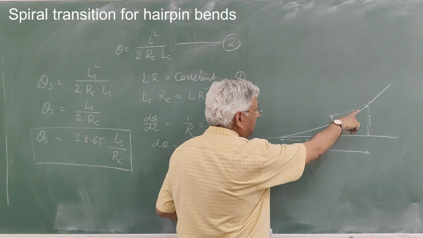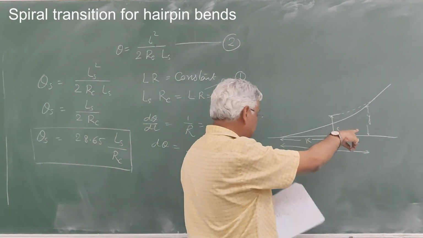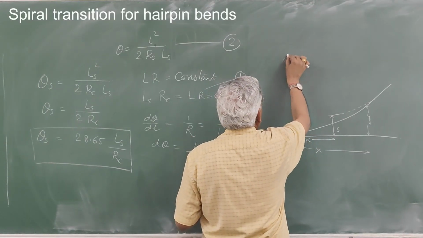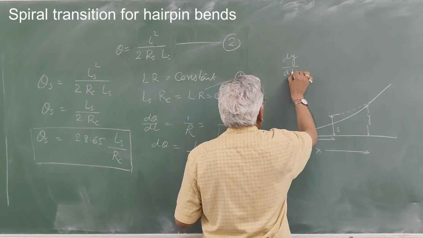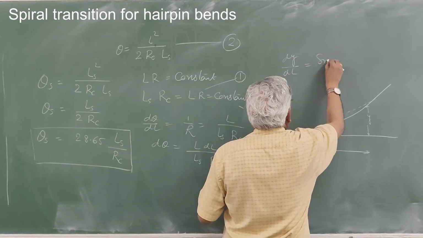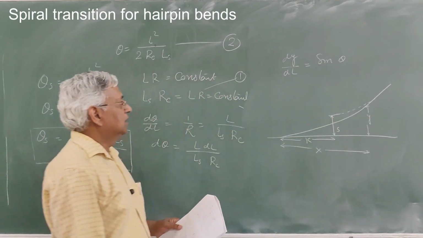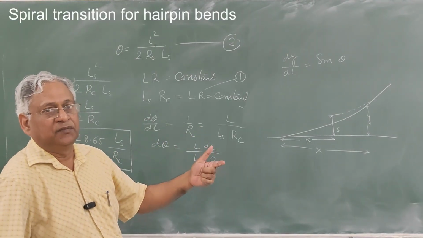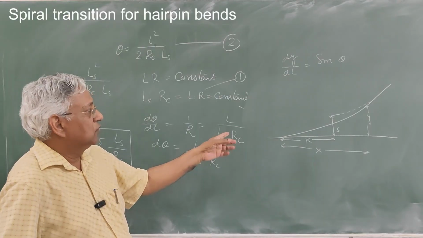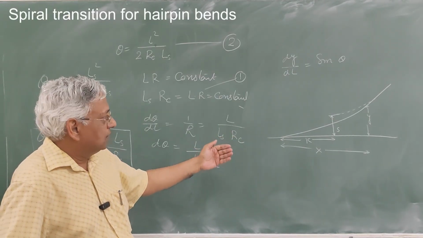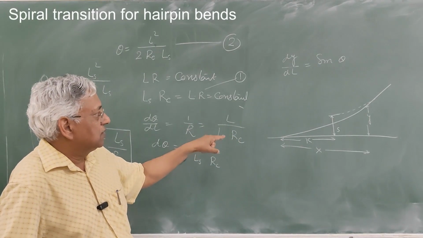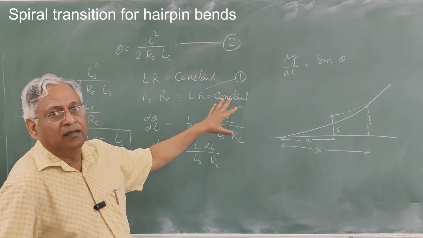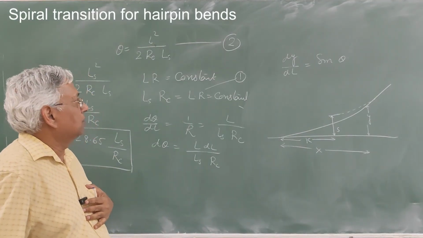The offset at any x distance or L distance is given by dy upon dl equal to sine theta. Because the radius changes with the length, the deflection angle will also change with length. X is taken along the tangent and L is taken along the curve. In the field also we generally take L along the length of the curve.